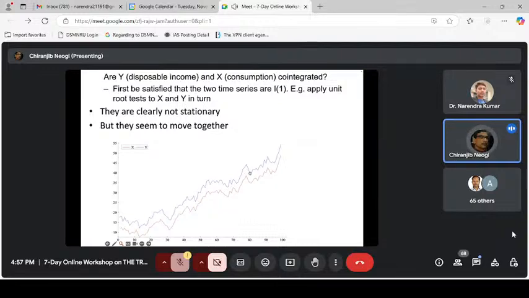Individually they are non-stationary, but if we can get some linear combination of these two series which is stationary, then we call these two series co-integrated. If they are co-integrated, then we can get a long-run relationship among these two variables.